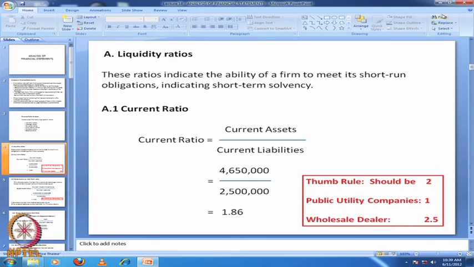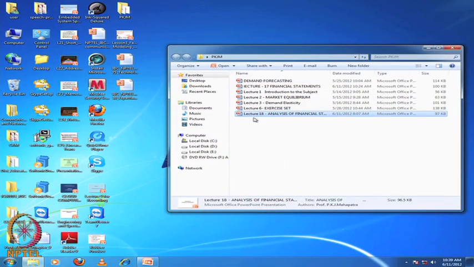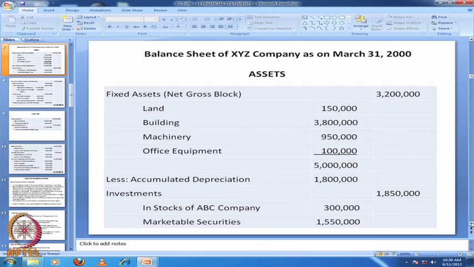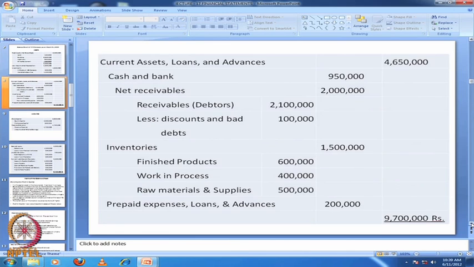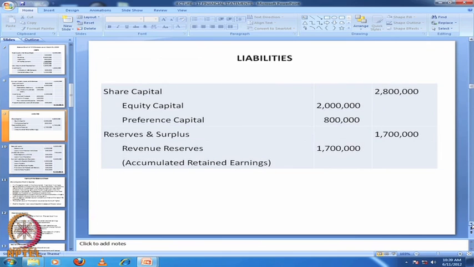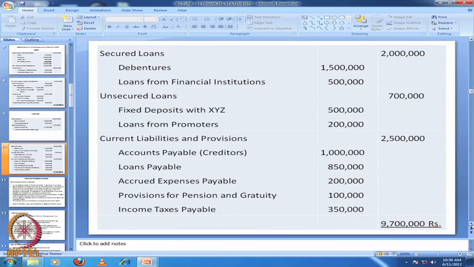Just I would like to keep it open to refer to it whenever there is a need. Current assets is 4,650,000 rupees and current liabilities is 2,500,000 rupees.